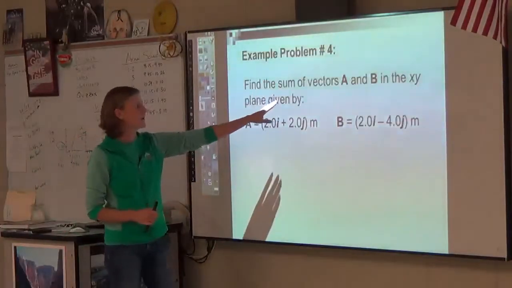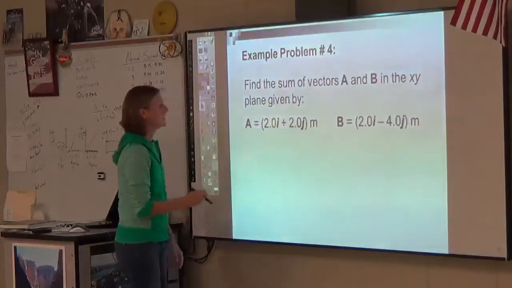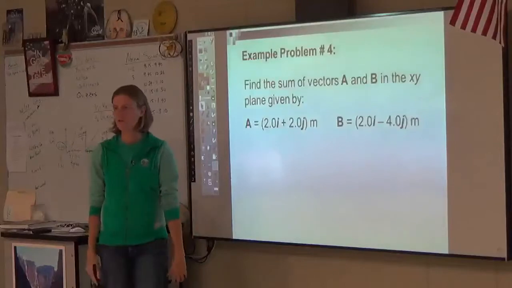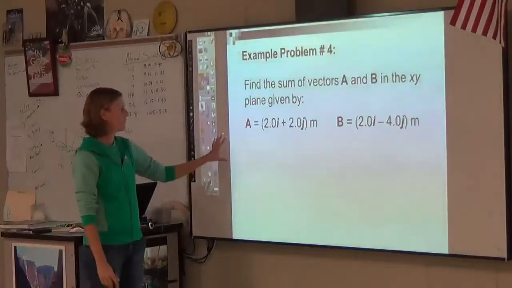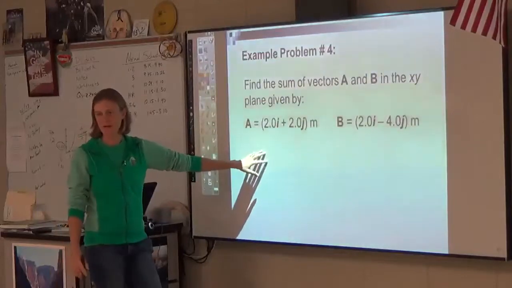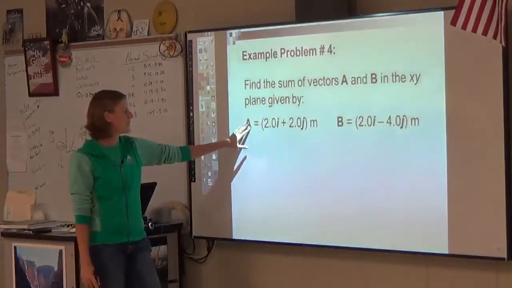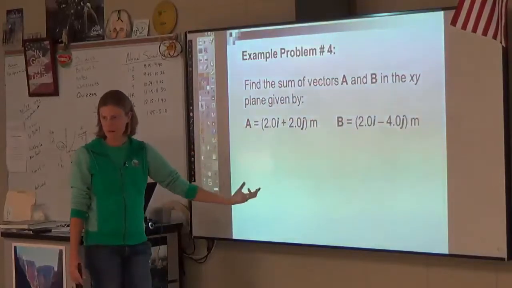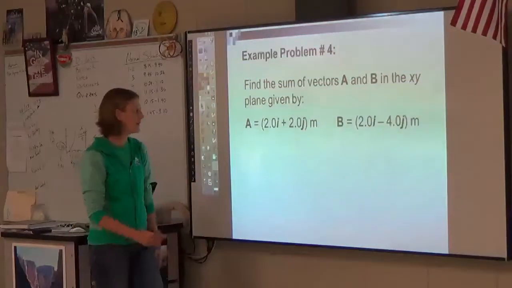Find the sum of vectors A, B, and they're in the XY plane given below. So find the sum. So we're adding vectors. You know you need to do this graphically. But they've already given you the components. How easy is that? Just combine the x's together and combine the y's together and go from there.